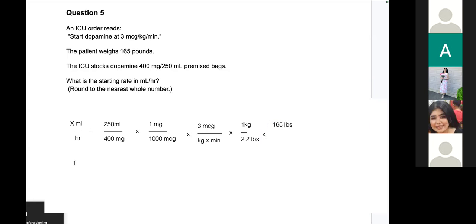I have minute here and I want hour. So it's okay to leave a placeholder. I'm going to put this over 1. That's fine. And good, Lemise, the placeholder can even be in the numerator. It doesn't matter when it comes to dimensional analysis.